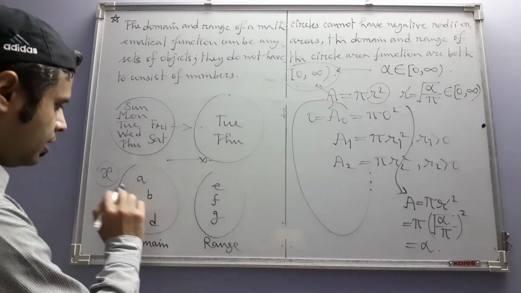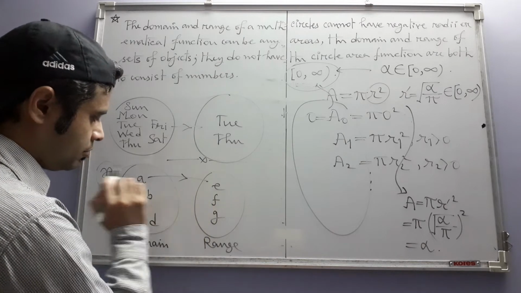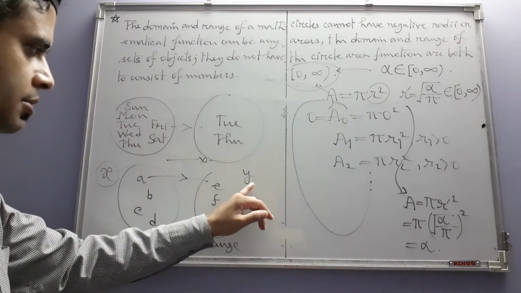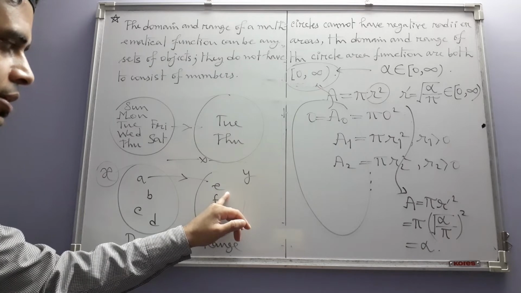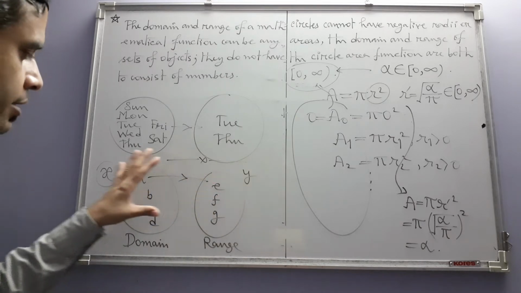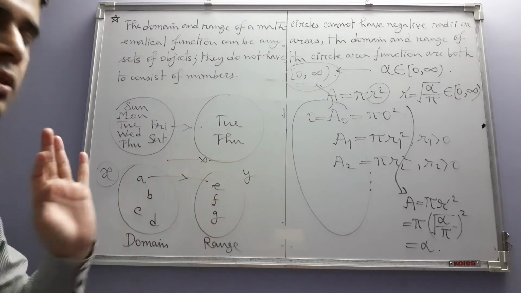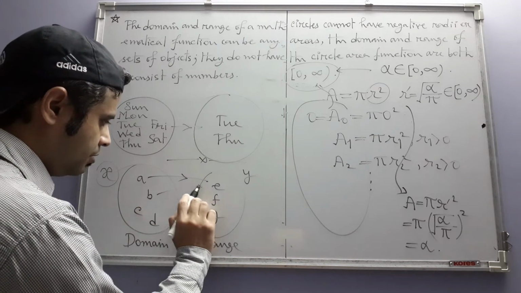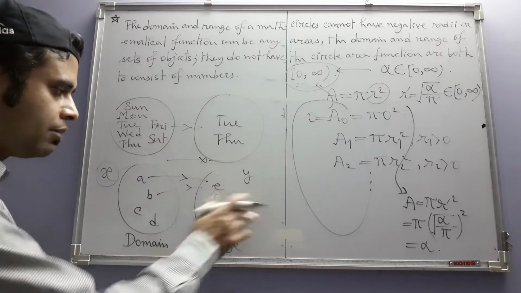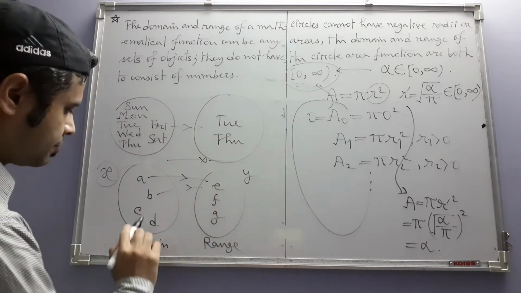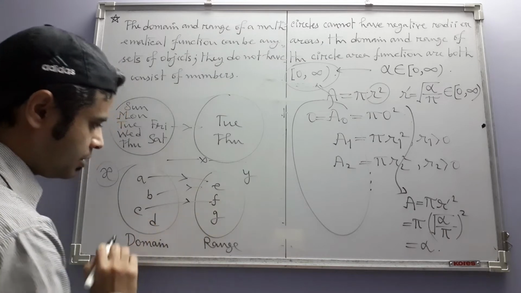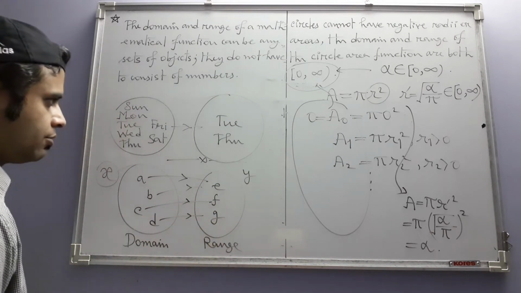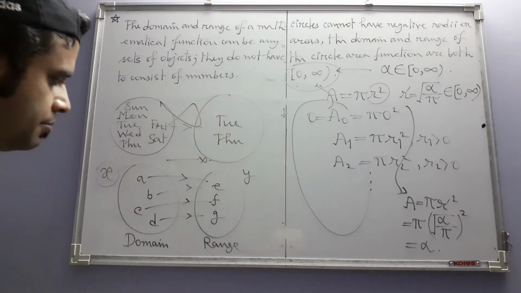When x is a, we agree to say that the value of y is e. Just like x, y also takes these three values. When x is b, again the value of y is e. When x is c, the value of y is f. When x is d, the value of y is g.